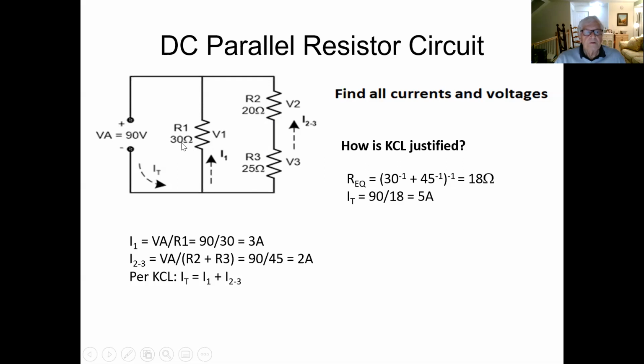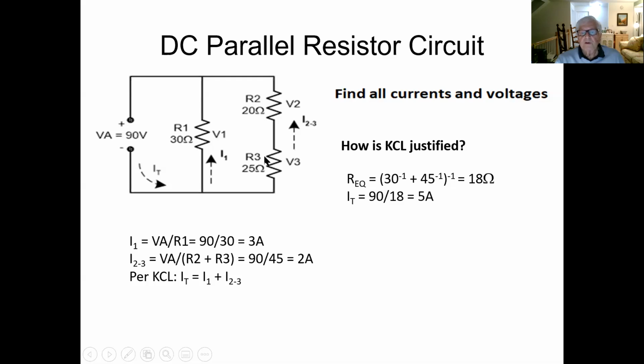And R1 is just 30 ohms. We want to find out what all the currents and the voltages are. So first we want to figure out how much current we need. Well, we know that 30 ohms is going to be in parallel to 45 ohms.